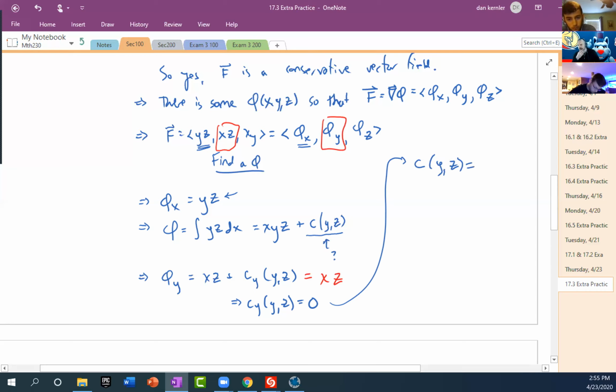Ooh, this is a big leap. Well, maybe not. We have some function of y and z. That's all we know. We know its partial derivative with respect to y is 0. What must be true about that function then?